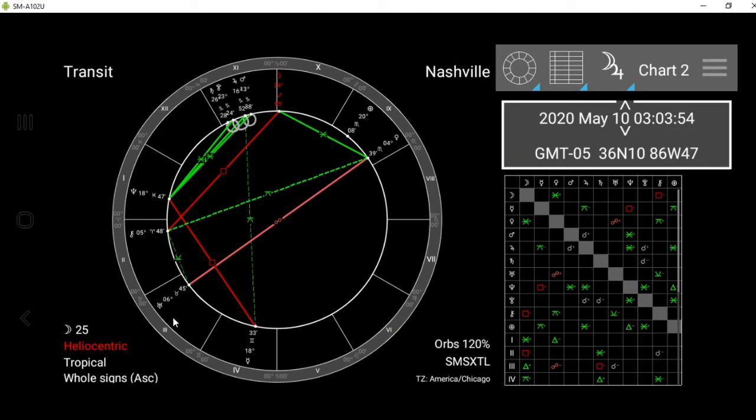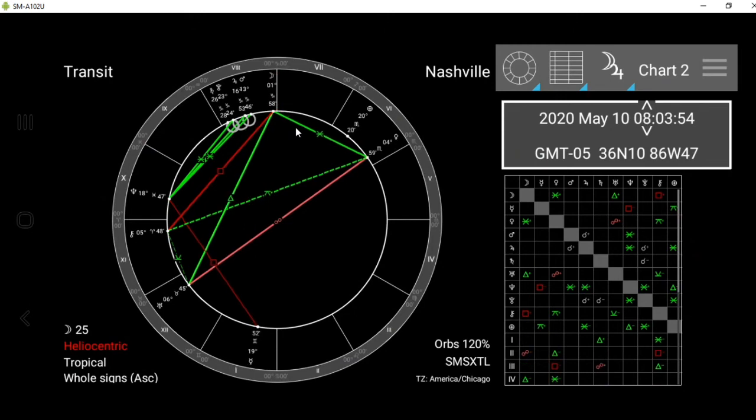I don't know what that's about. That's like extremes, really extreme financial change, and that's connected to this, and that's not a great energy. That's really not all that good.